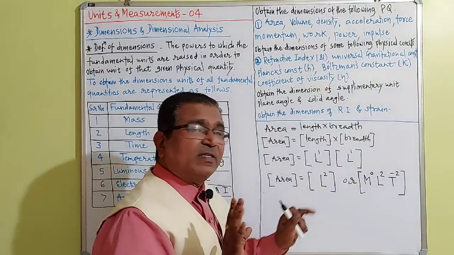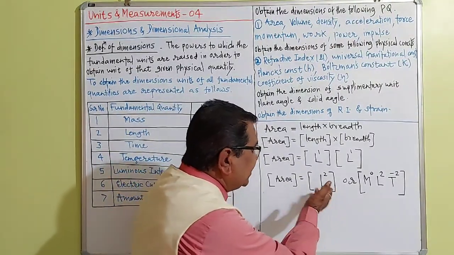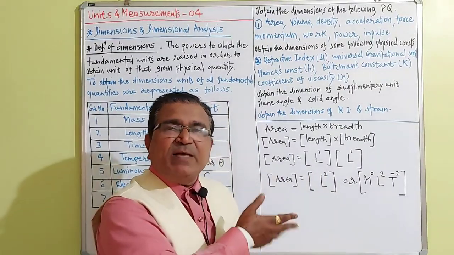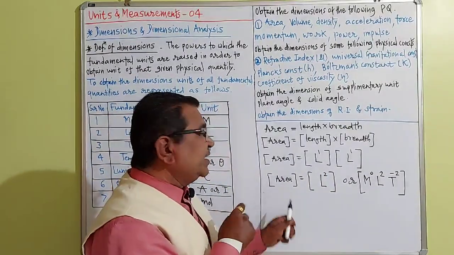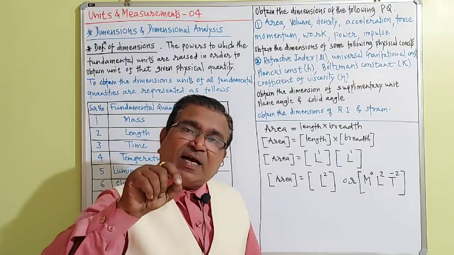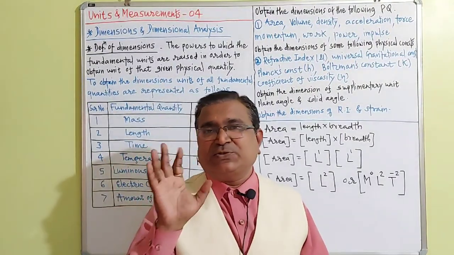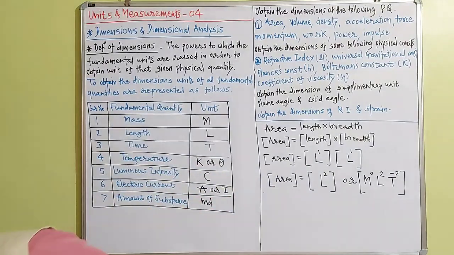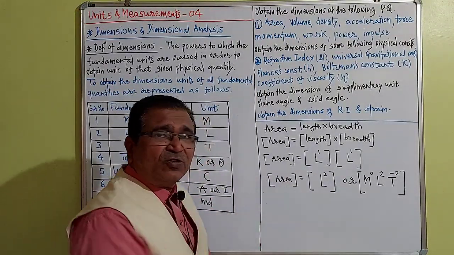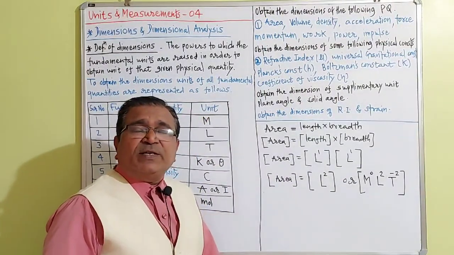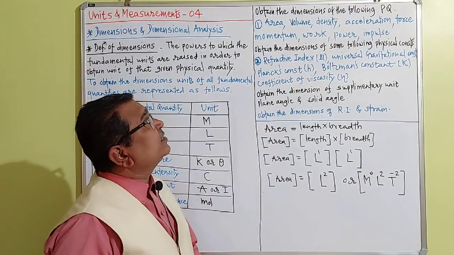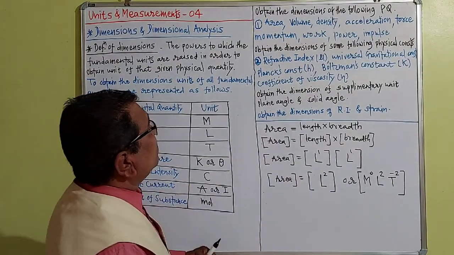L2 alone is also correct. It clearly indicates that mass is 0 there, time is 0. So dimension of area in terms of mass and time is 0, and dimension of area in terms of length is 2. Okay, then take a screenshot. Pause the video, take a screenshot, and then we'll see the next physical quantity. Okay.